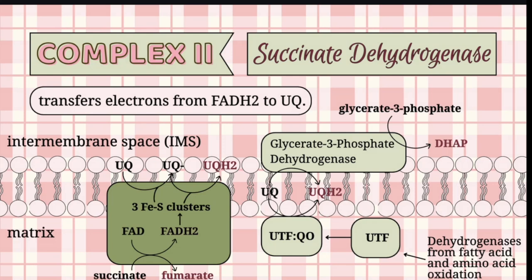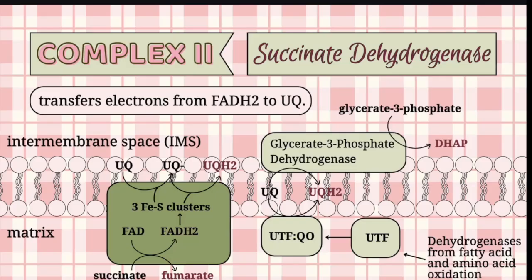All it does is prevent electrons from leaking into the matrix or the environment in general, okay? So it prevents formation of reactive oxygen species. Also, did you guys notice something? Did you notice any protons being pumped across the inner mitochondrial membrane?